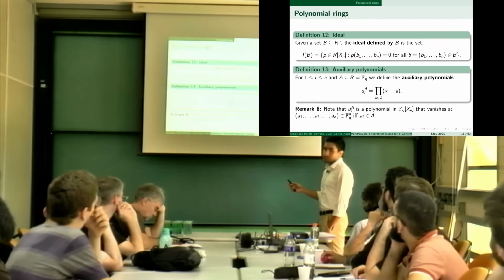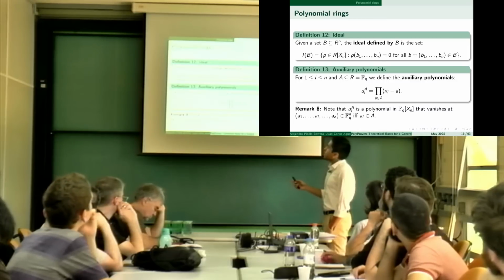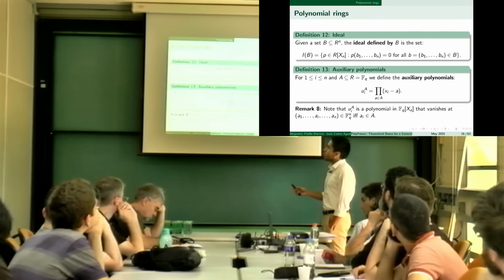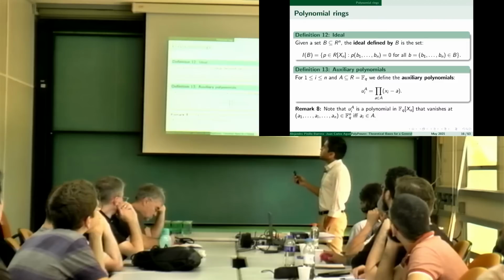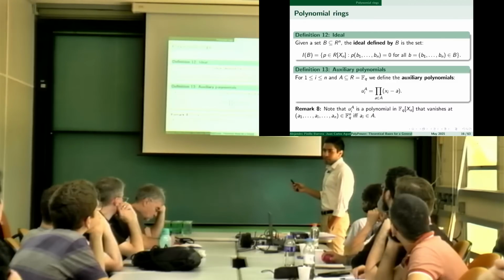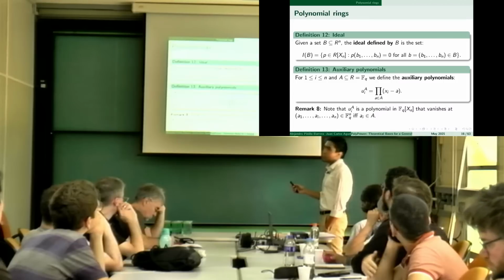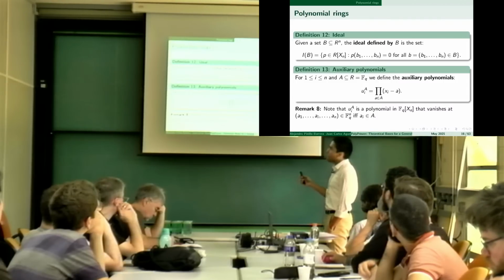So if we have a subset of tuples, we can define the ideal generated by or defined by this subset of tuples as all the polynomials that vanish in all the elements of B. Okay? And taking this into consideration, we can create polynomials that vanish at all the points of our subset A of the ring, which we call auxiliary polynomials.